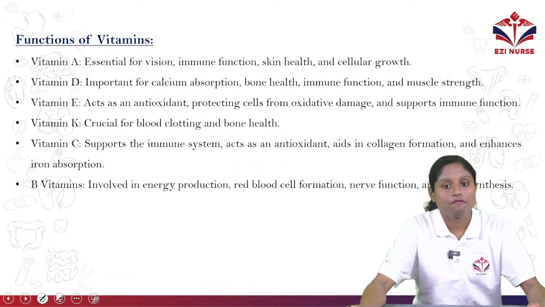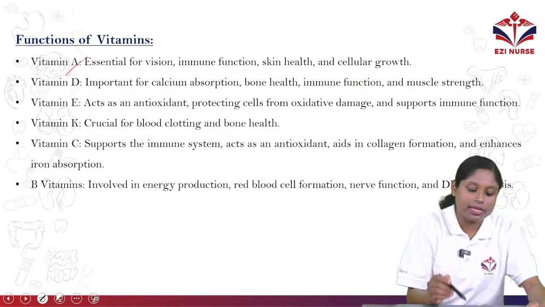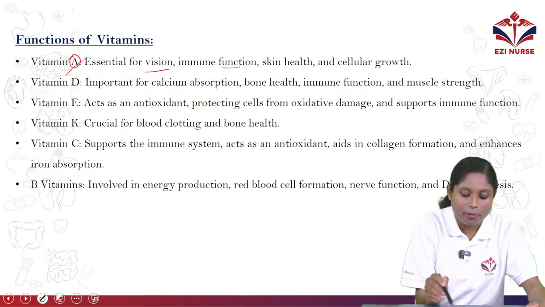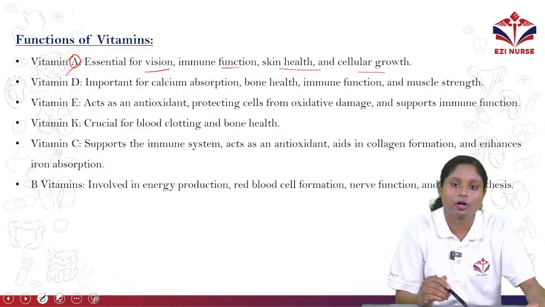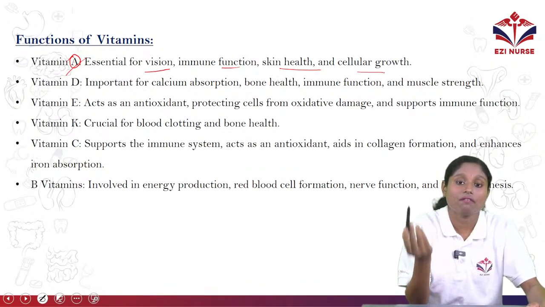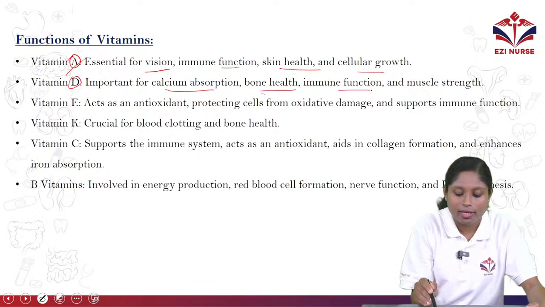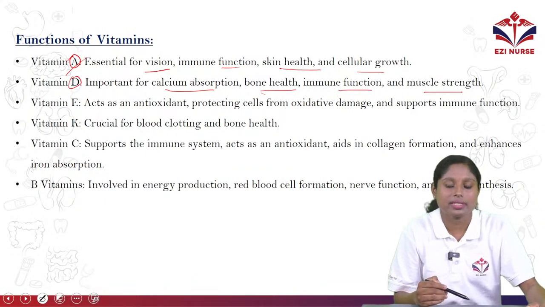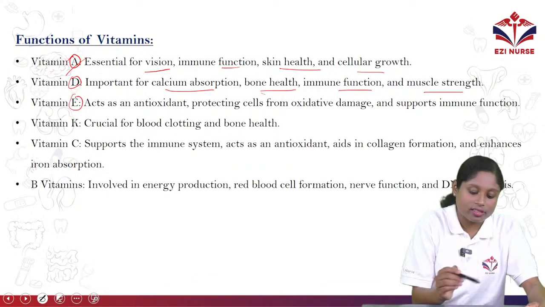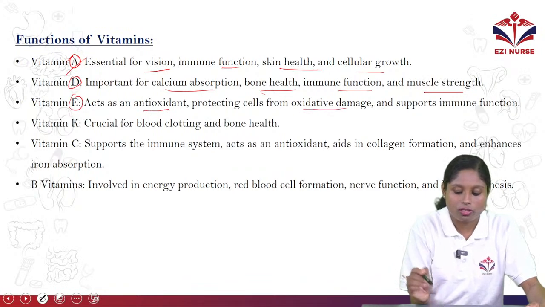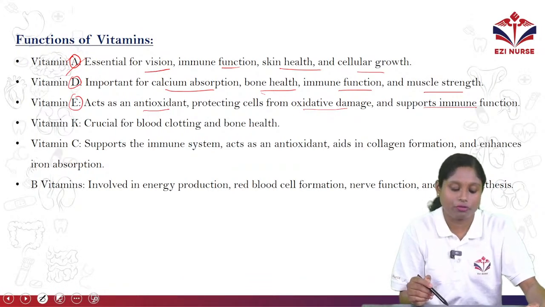Next we will see functions of vitamins. A is essential for vision, immune function, skin health and cellular growth. So A is necessary for our vision. D is important for calcium absorption, bone health, immune function and also muscle strength. E acts as an antioxidant, protecting cells from oxidative damage and supporting immune function.